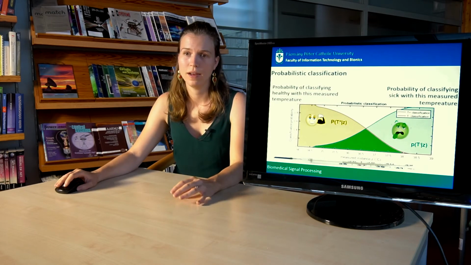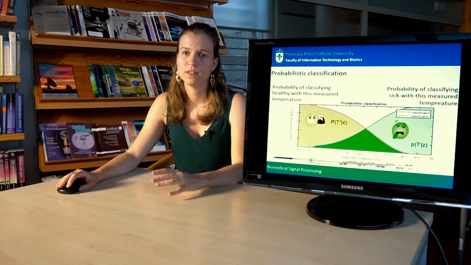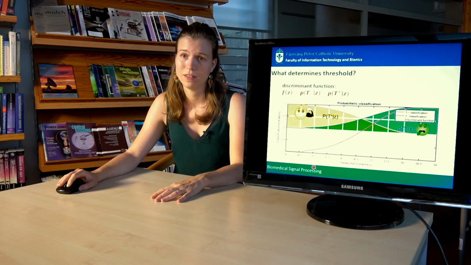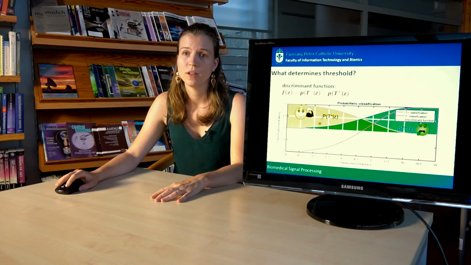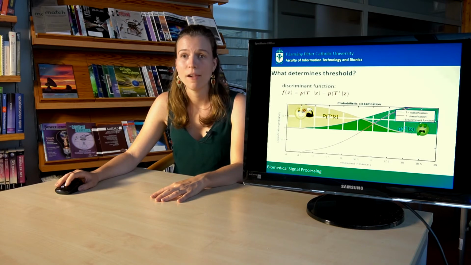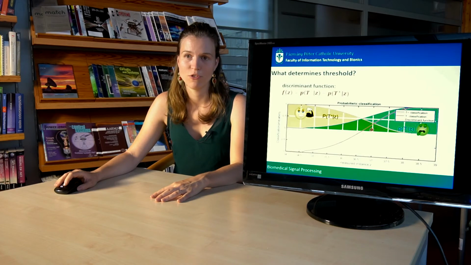For this, in this simple classification, what we do is to draw the discriminant function of this distribution. So this will be subtracting the positive, so the ill case, from the negative, so the healthy case. And this will give us this red function over here.